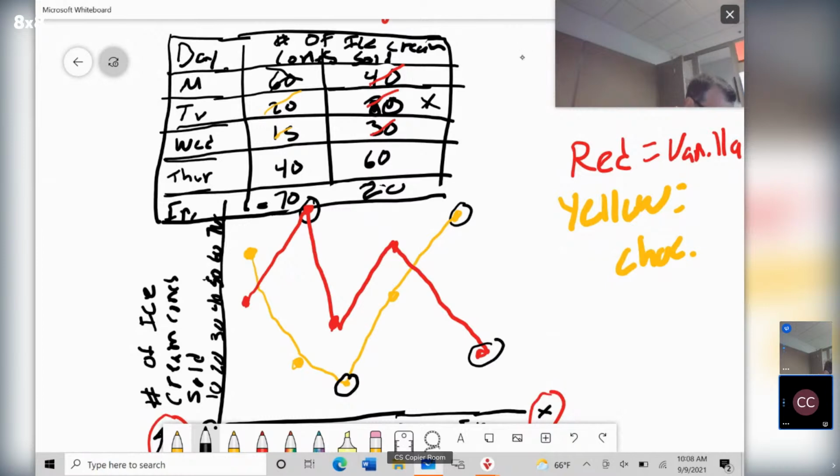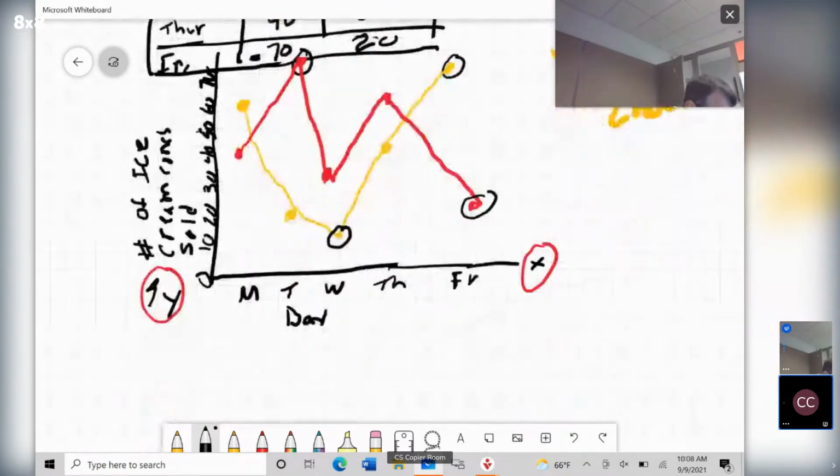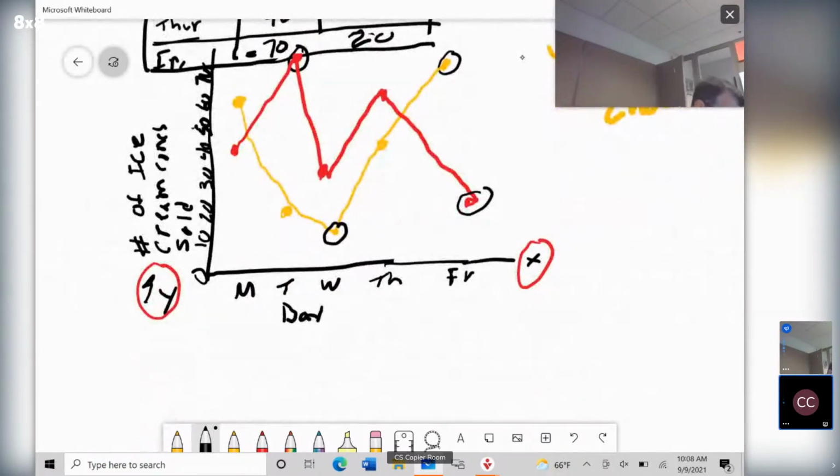So we can see that red's vanilla. And if we just had this graph here, it didn't have the chart, you're going to see, well, the red one, the highest point is 70, and that's on Tuesday. And then you're going to say, well, if I'm doing the red cones, which is vanilla, I can see from this point down here, the lowest number was on Friday, and that was about 15 cones.